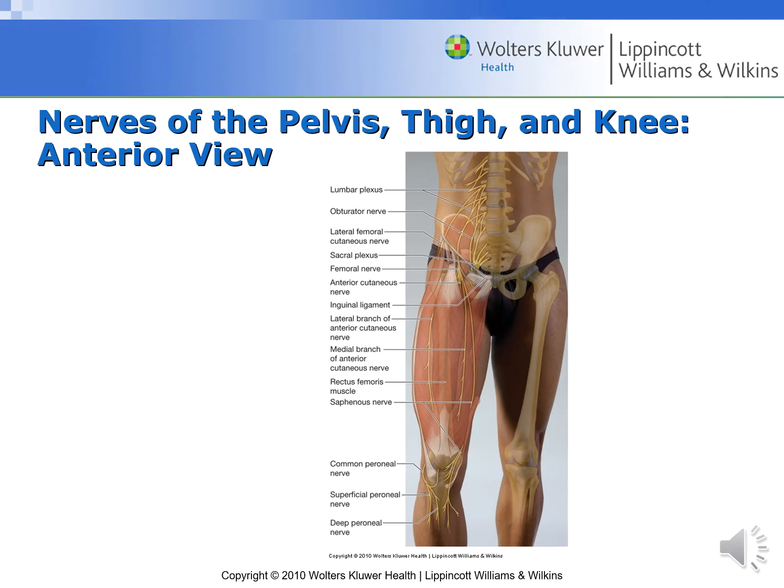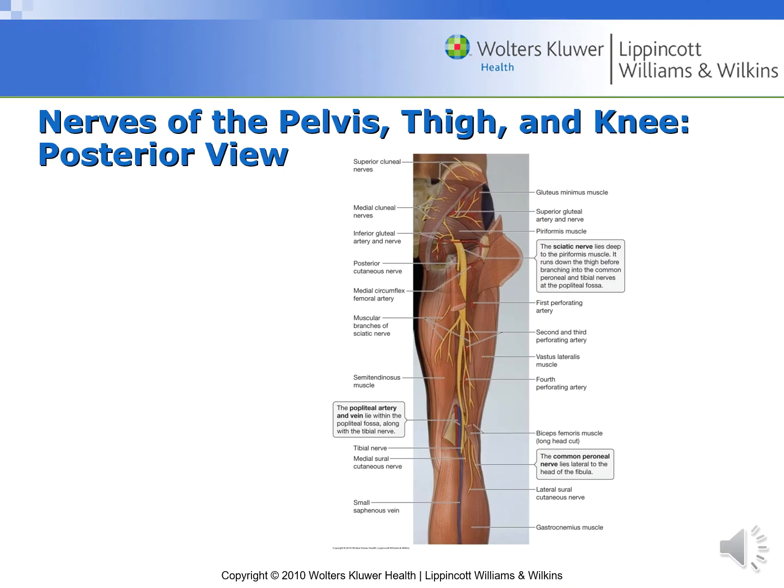We see the obturator nerve, the lateral femoral cutaneous nerve, the sacral plexus, the femoral nerve, the anterior cutaneous nerve, the inguinal ligament, the lateral branch of the anterior cutaneous nerve, the medial branch of the anterior cutaneous nerve, the rectus femoris muscle, the saphenous nerve, the common peroneal nerve, the superficial peroneal nerve, and the deep peroneal nerve.